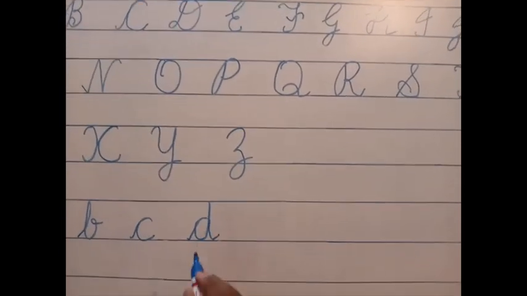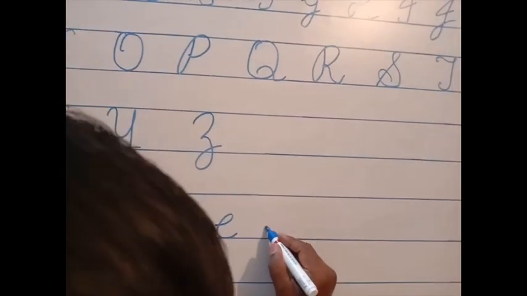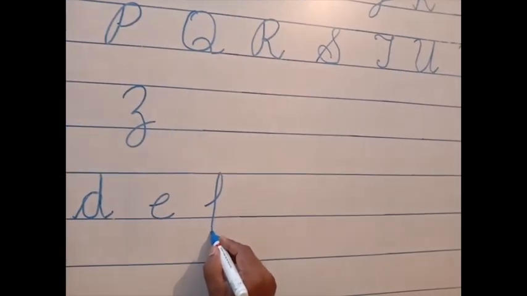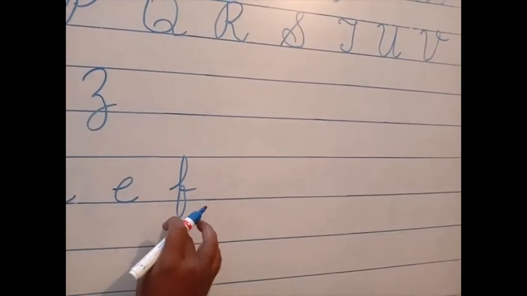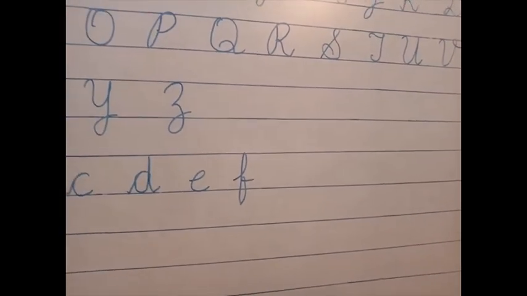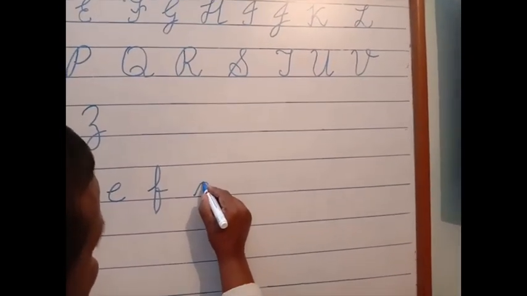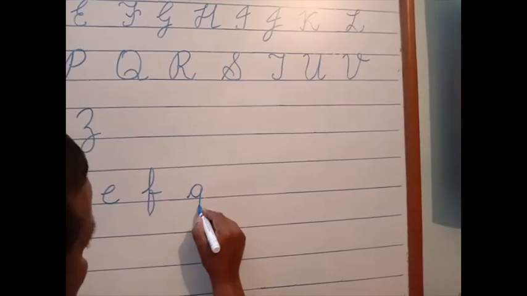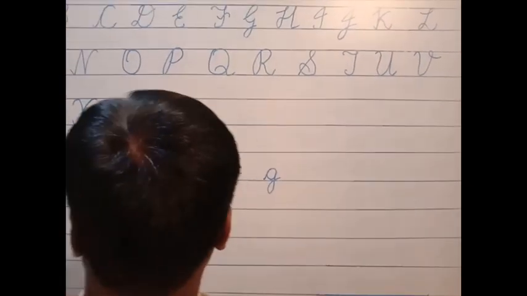B. E. F. Fourth line, but not too low. G. This will come also in the fourth line, unseen fourth line.